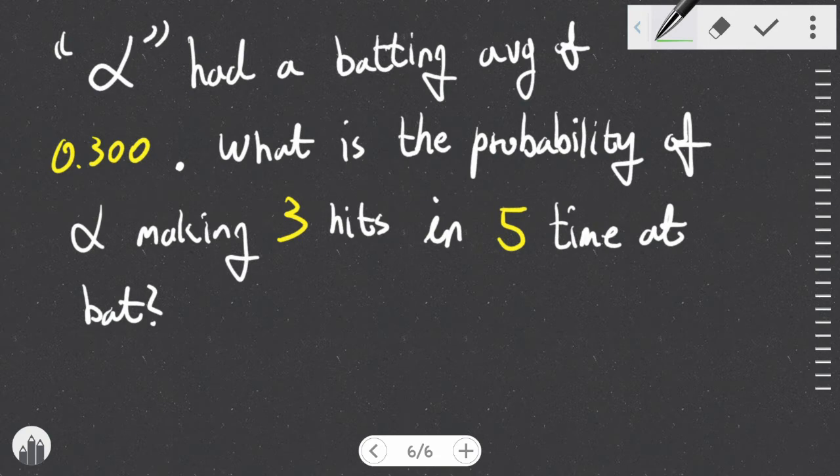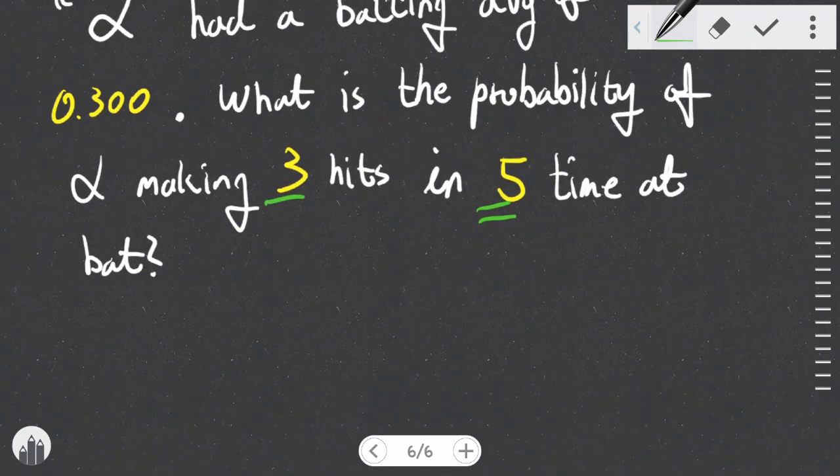Alpha had a batting average of 0.300. This is baseball. In a baseball match, what is the probability of Alpha making 3 hits in 5 times at bat? So we need to figure out the n's and p's and other things in here. What is n here? The total number of times the experiment is going to be held. n equals 5 times at bat.